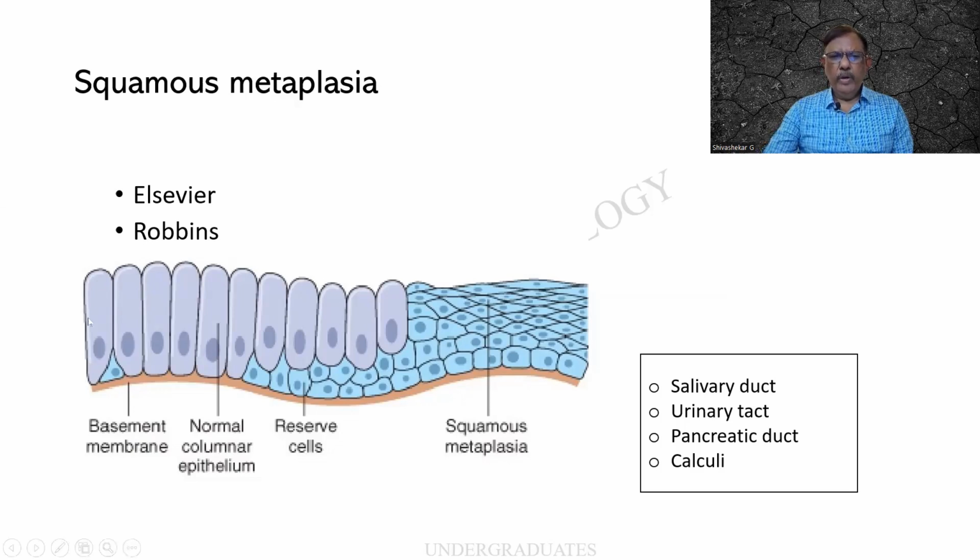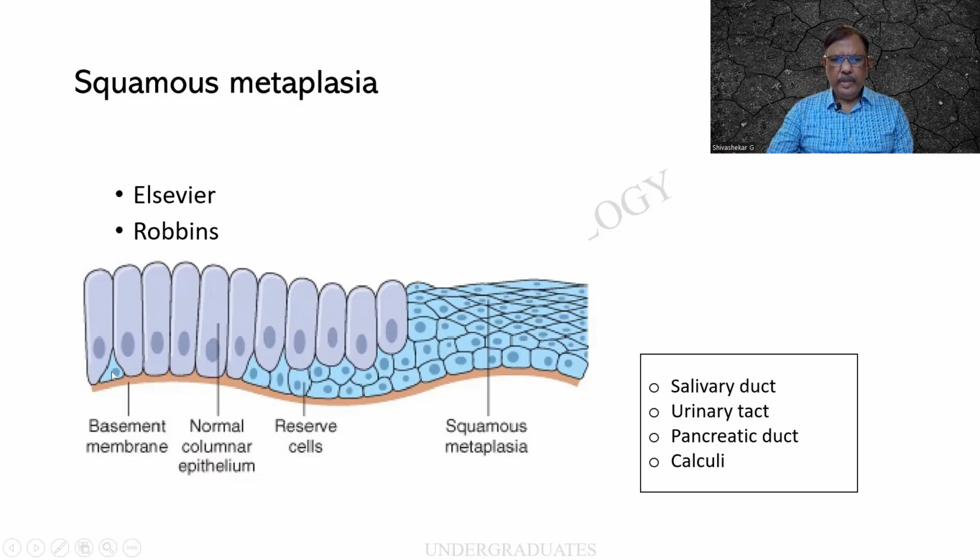Normally, you have got a columnar type of epithelium in the endocervix, in the various ducts such as the salivary duct, the pancreatic duct, or even the ureter. There is a transitional epithelium. But when there is a chronic infection, irritation, or inflammation, this is very sensitive and is lost. It is replaced by more resistant squamous cells. This is called squamous metaplasia.